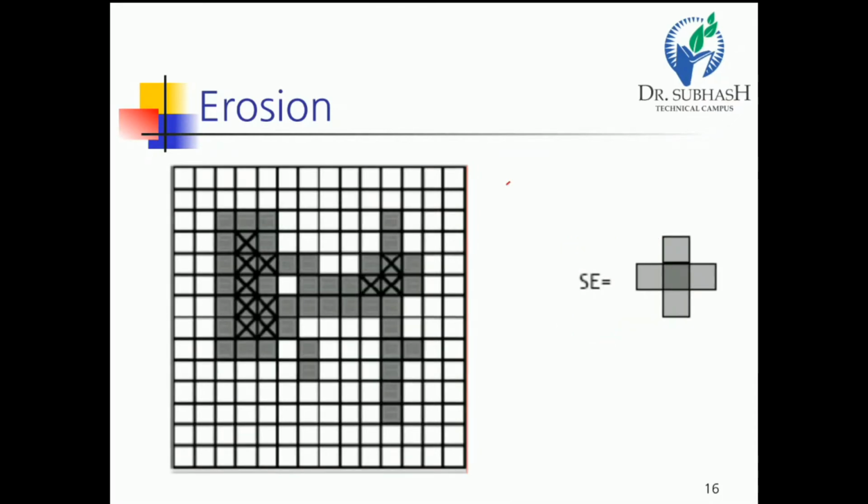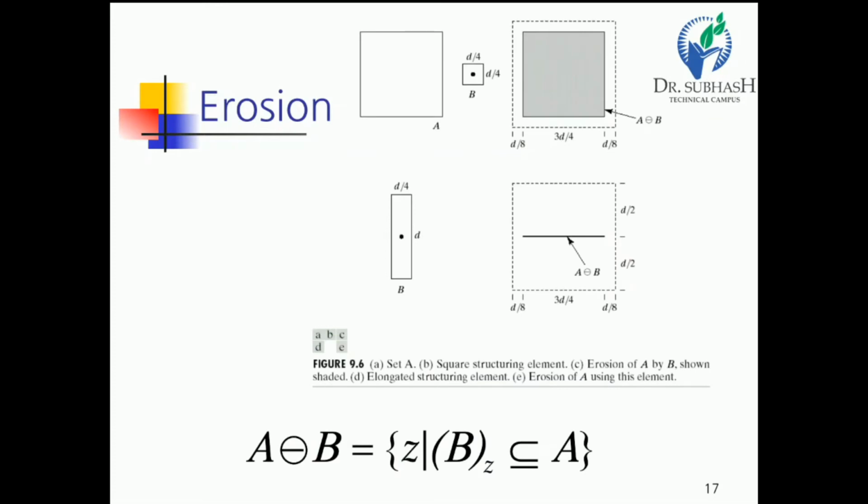Again, the second example of erosion, and this one is the structuring element for this erosion. Now another and most important representation of erosion, A erosion B. Here, figure A is the set A and the square structuring element, and in figure C is the erosion of A by B. The inside part will be A erosion B, represented with the shaded area.